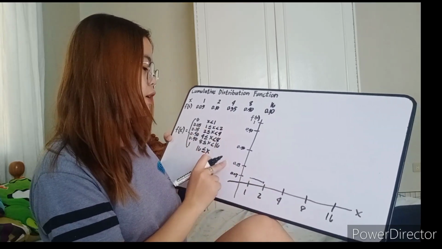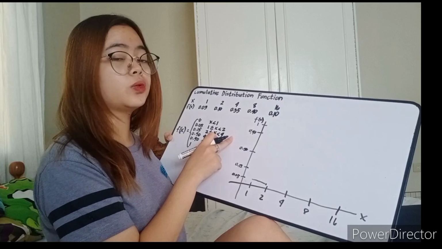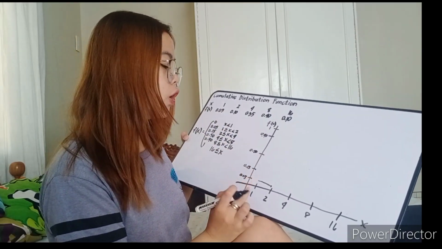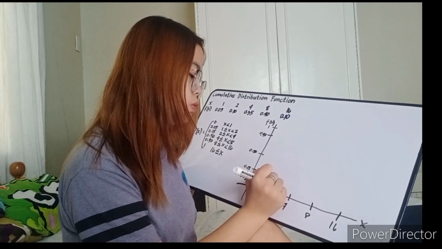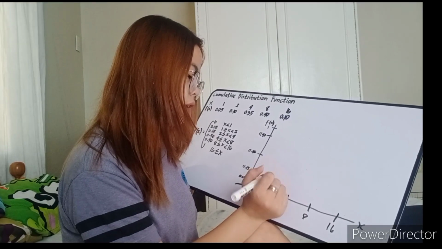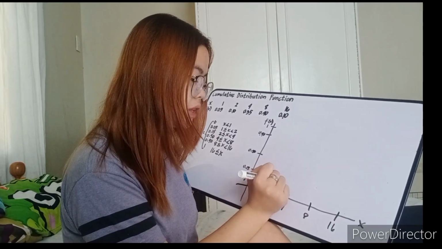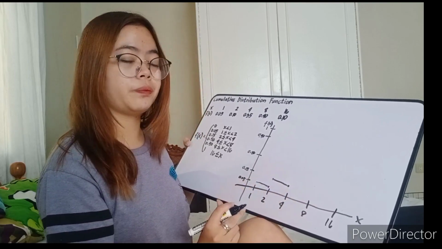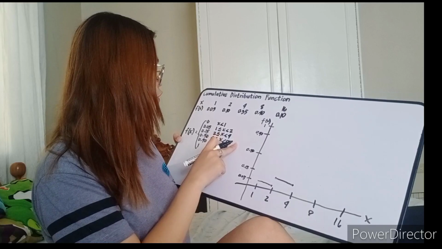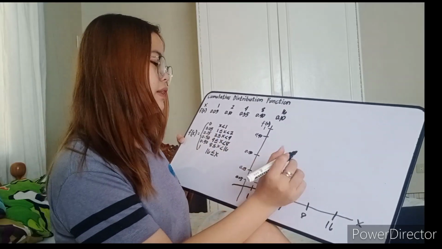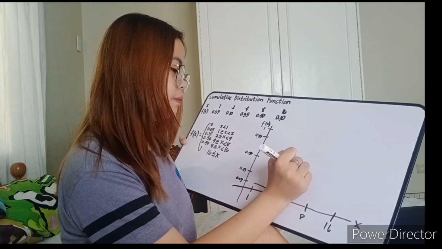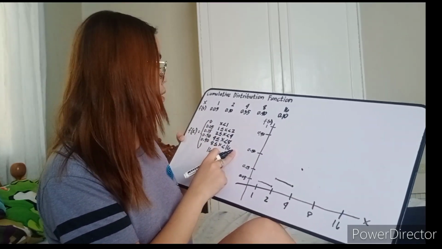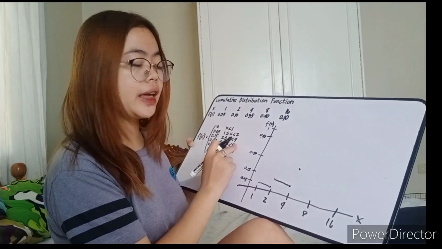Para naman sa ating 0.15, ang nakalagay dito, 2 is less than or equal to X, but less than 4. So, dito tayo mag-start sa 2. And, mag-i-stop din siya bago mag-4. So, para sa 0.50 natin, mag-start tayo sa 4, less than or equal to X, but less than 8.